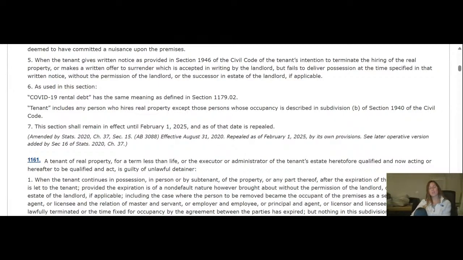COVID-19 rental debt has the same meaning as defined in 1179.02. Tenant includes any person who hires real property except for those persons whose occupancy is described in subsection B of section 1940 of the Civil Code. And 7, this section shall remain in effect until February 1, 2025, and as of the date repealed.